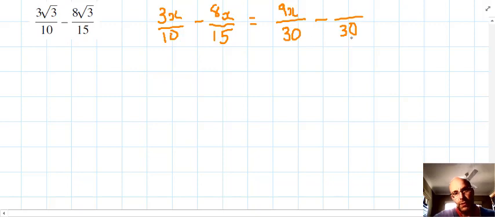Second term, the numerator and denominator need to be multiplied by 2. And you'd have 9x minus 16x over a common denominator, 30. And then we have negative 7x on 30.